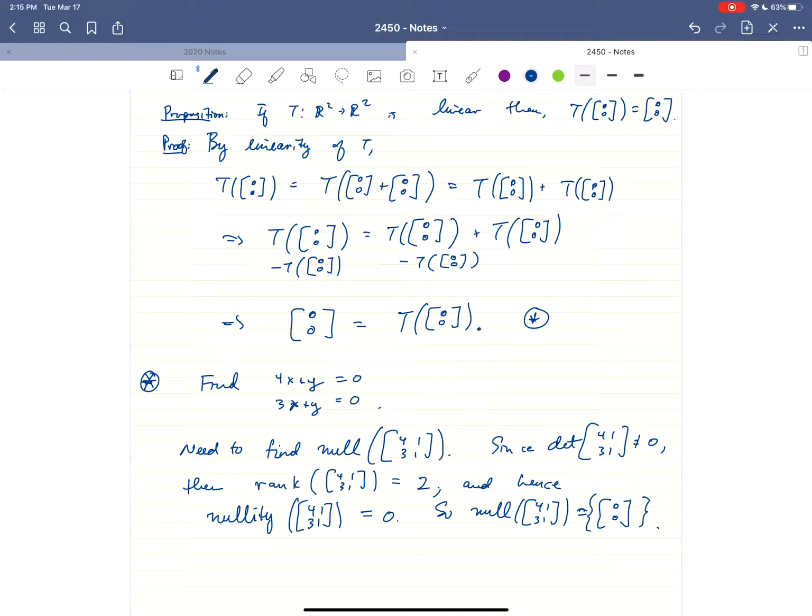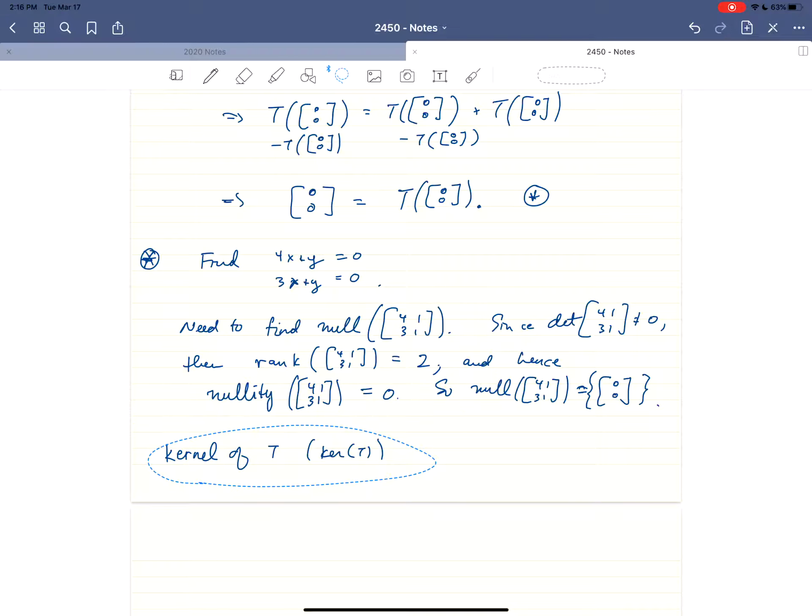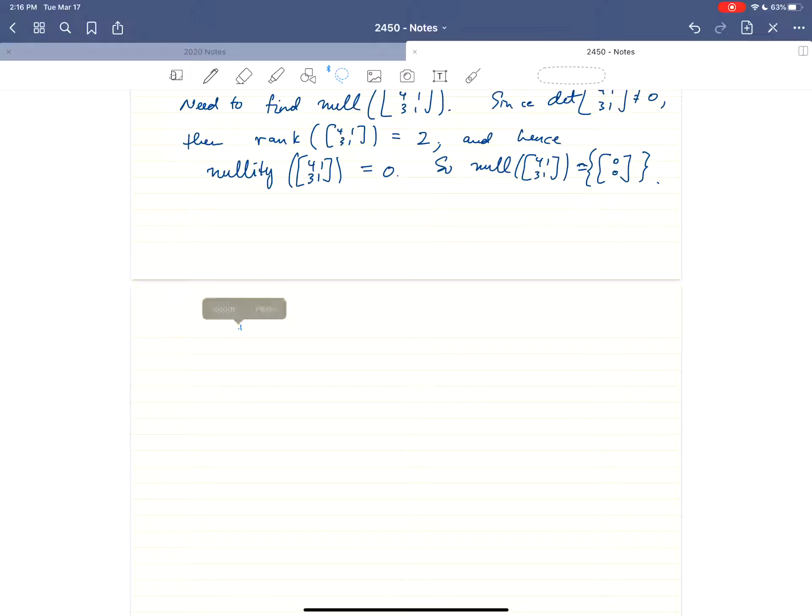Okay, and so we can talk about the null space of a matrix, but in relation to a linear operator, this is what's called the kernel. So the kernel of T, denoted ker T. In fact, let me write this on the next page.